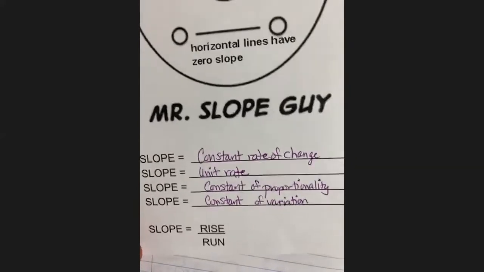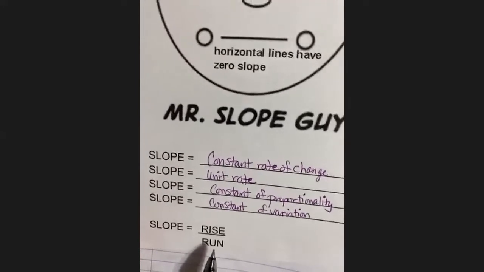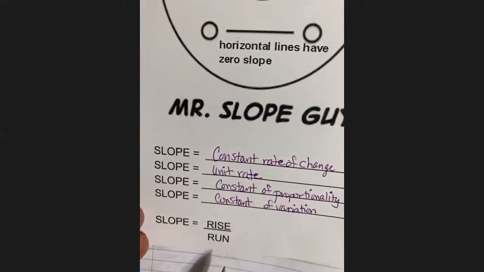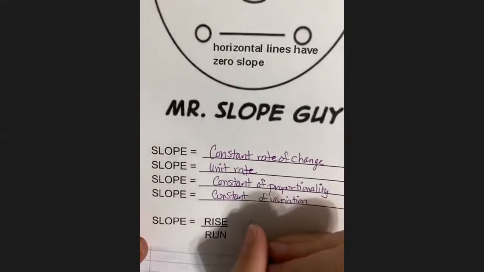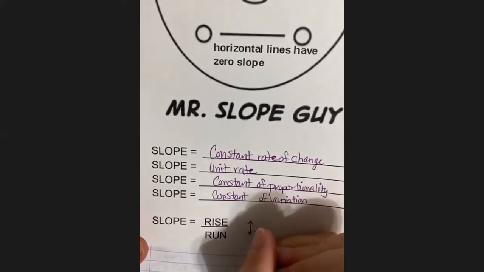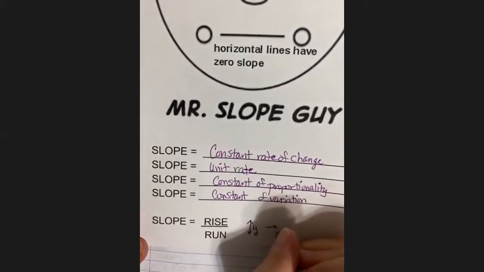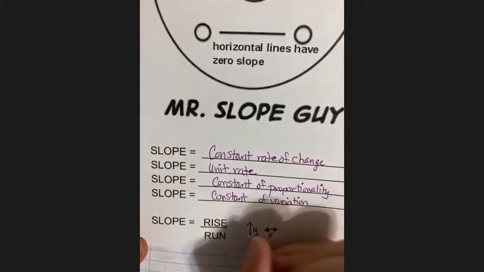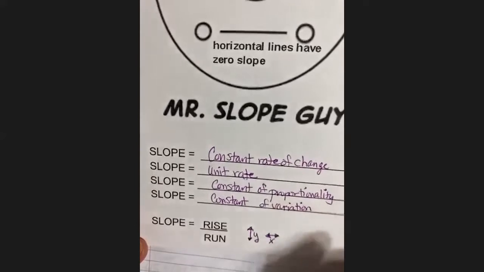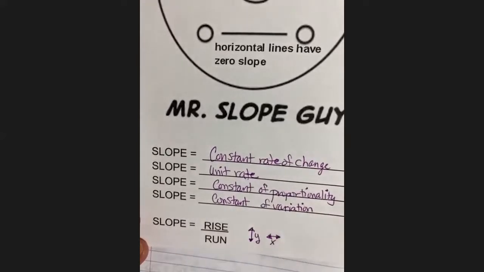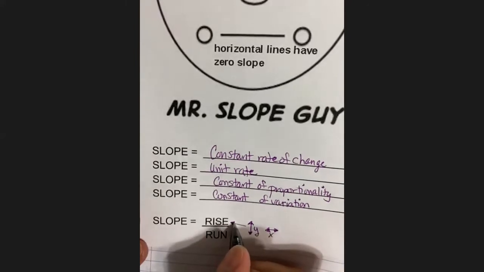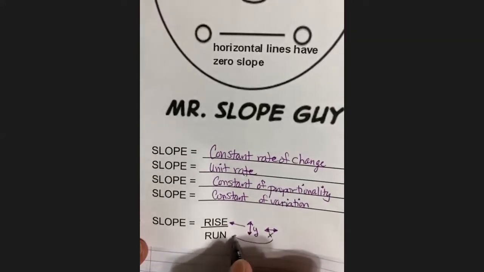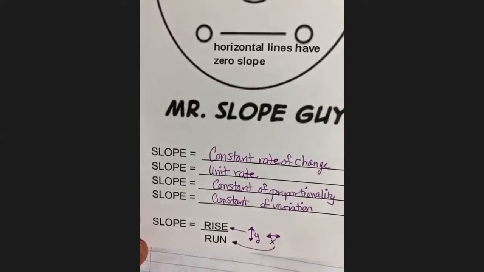And slope, a lot of the times, is written as rise over run. It's how much y value rising that I have to my run value, which is along my x-axis. Okay, and so that's your rise over your run. And so we want to make sure that that's really understood, that rise is referring to the y value and run is referring to the x back and forth.